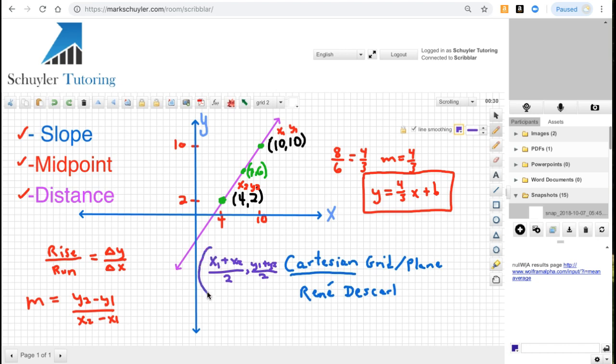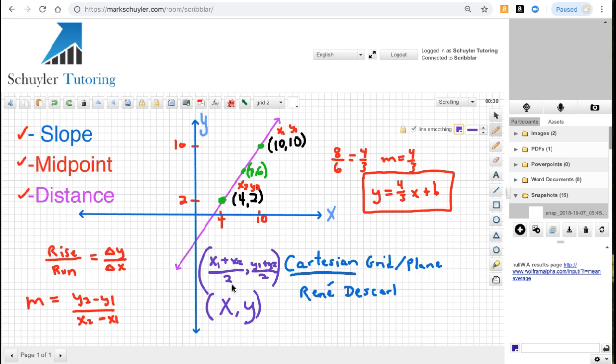See, this is when you're averaging your x's, averaging your y's, and you put it together inside of a pair of parentheses, a comma in between your x value for the midpoint and your y value for the midpoint. That's the algebra, but honestly, just think of midpoint as averaging the 2 x's and then averaging the 2 y's.